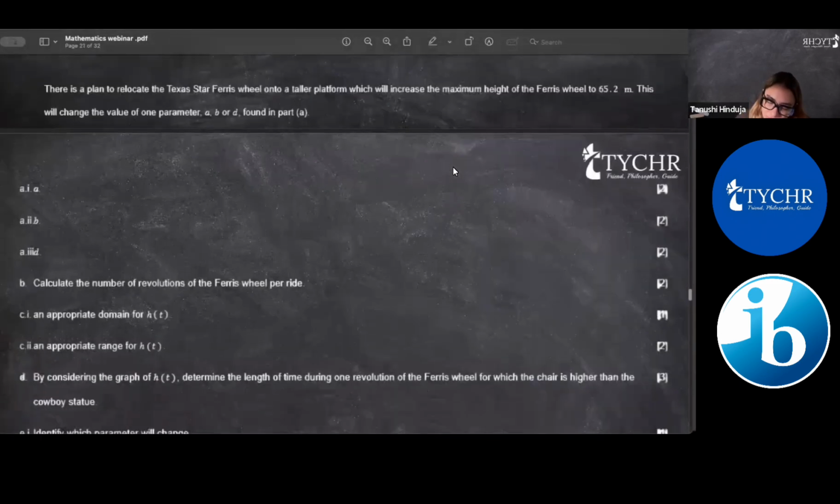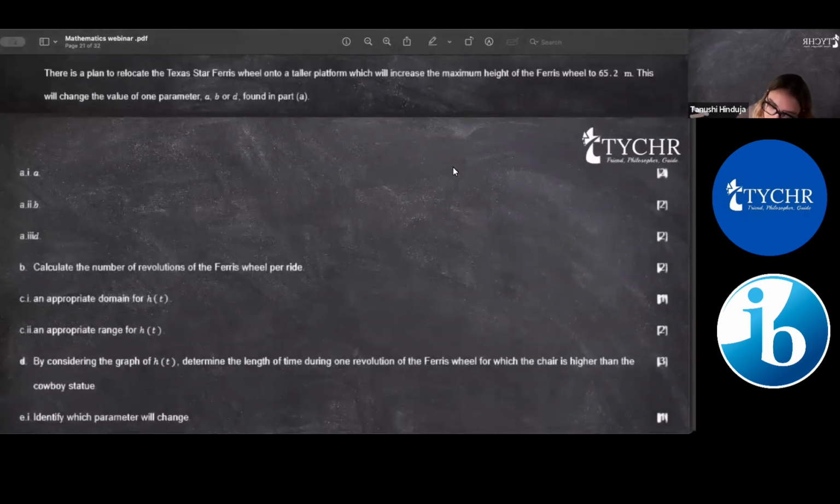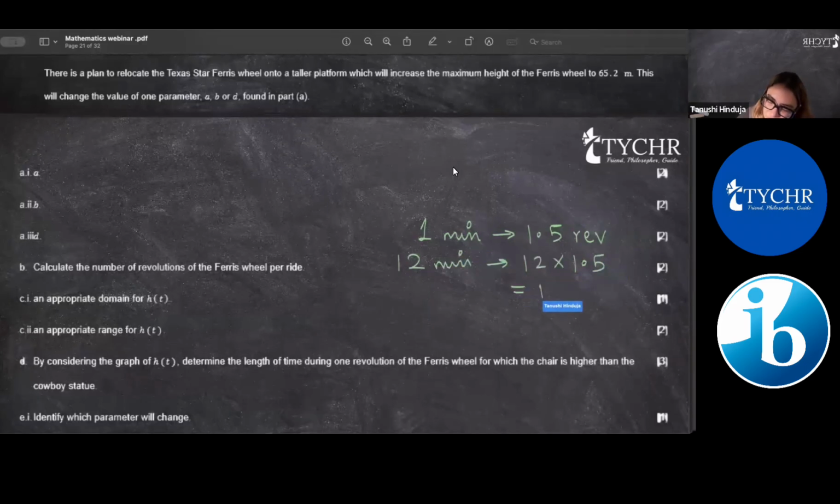In 1 minute, we were having 1.5 revolutions. So in 12 minutes, how many revolutions would there be? That would simply be 12 times 1.5, which is 18 revolutions. That was straightforward. That's all that the B part is asking for, the number of revolutions for one ride.